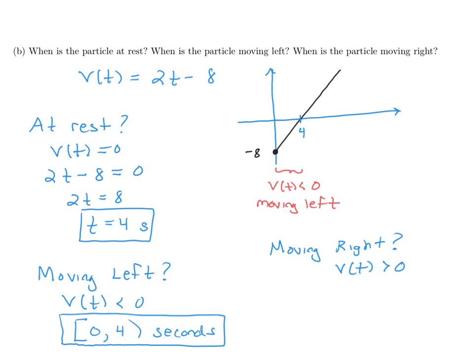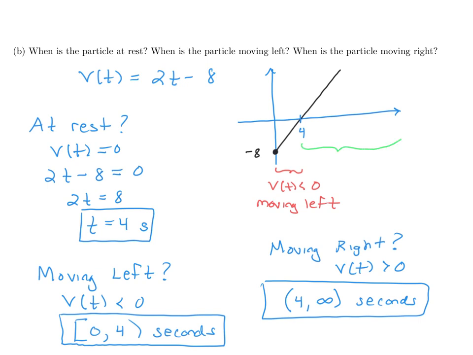So the interval is from and not including 4 up to infinity, also in seconds. And maybe on the graph, I'll highlight this as well. So from 4, moving in the positive infinity direction, this is when v of t is positive. Again, that is moving right.